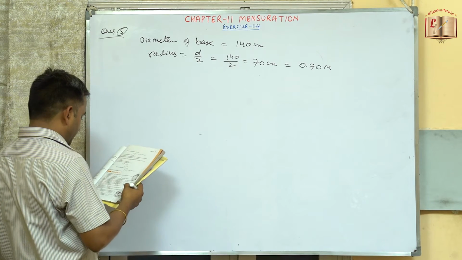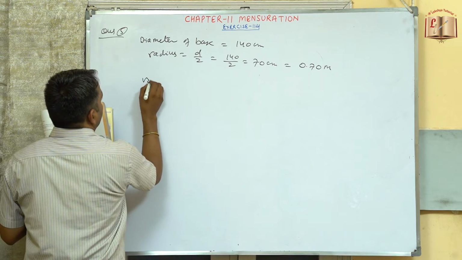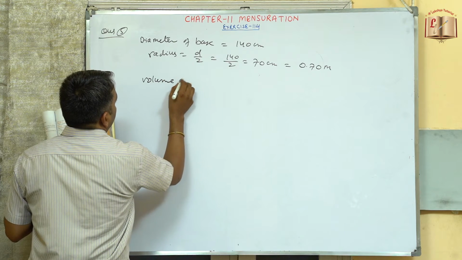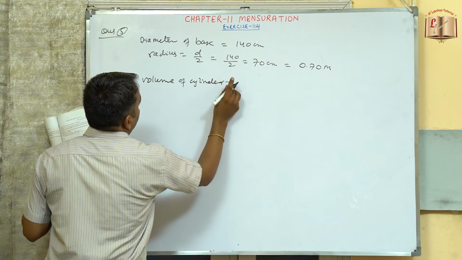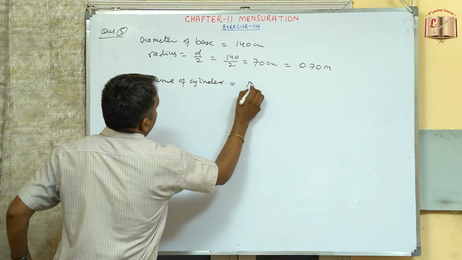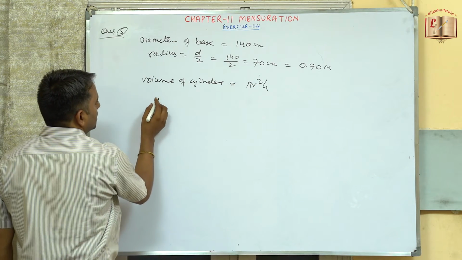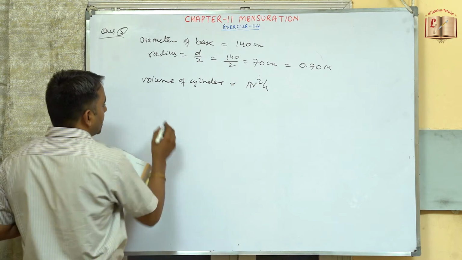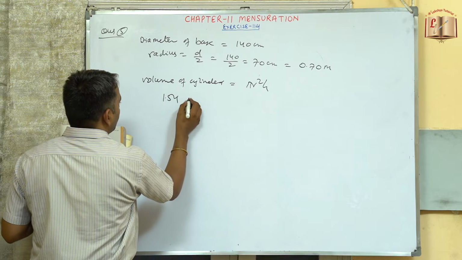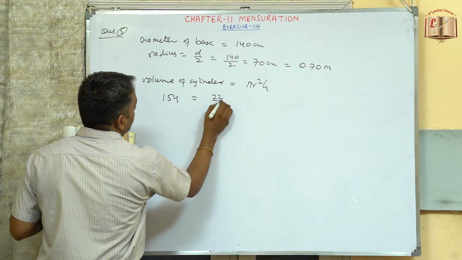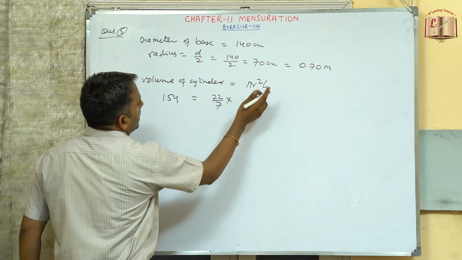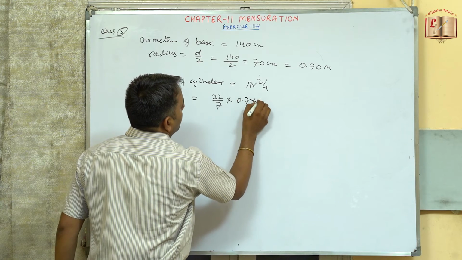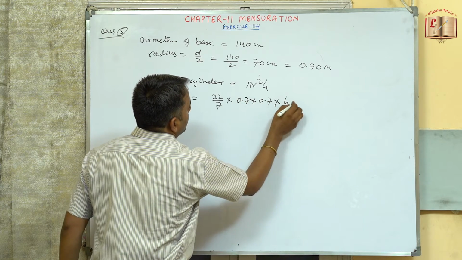So we need to find out the height. Volume of cylinder is given as pi r square h. The volume of the cylinder is already given, 1.54, which equals 22 by 7 into r square. So r is 0.7 into 0.7 into h.